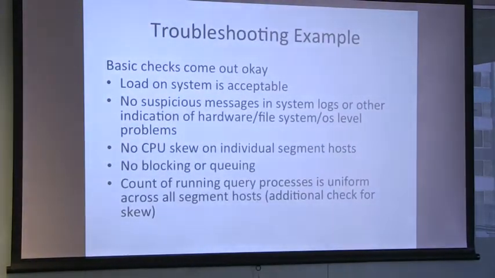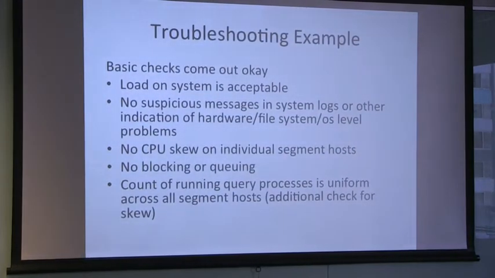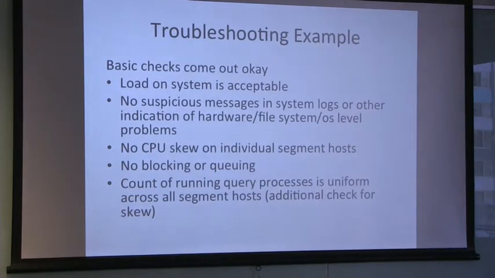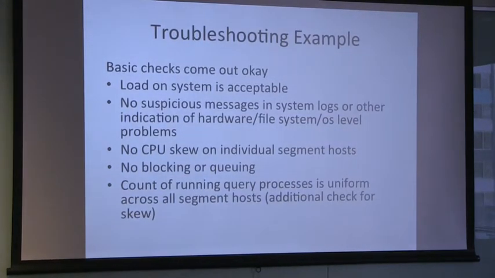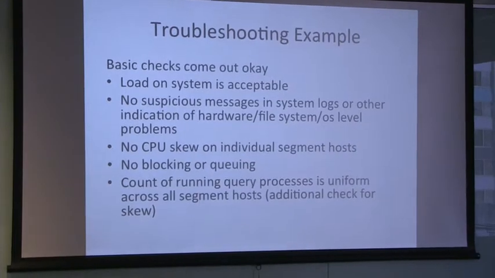Okay, so the first thing we do is just run a bunch of basic checks on the system. We check the load using Command Center. It looks okay. We check for suspicious messages in the system logs: dmesg, /var/log/messages, /var/log/mcelog, that kind of stuff. And we don't see anything that indicates any problems at the hardware, file system, or OS level. We check CPU.